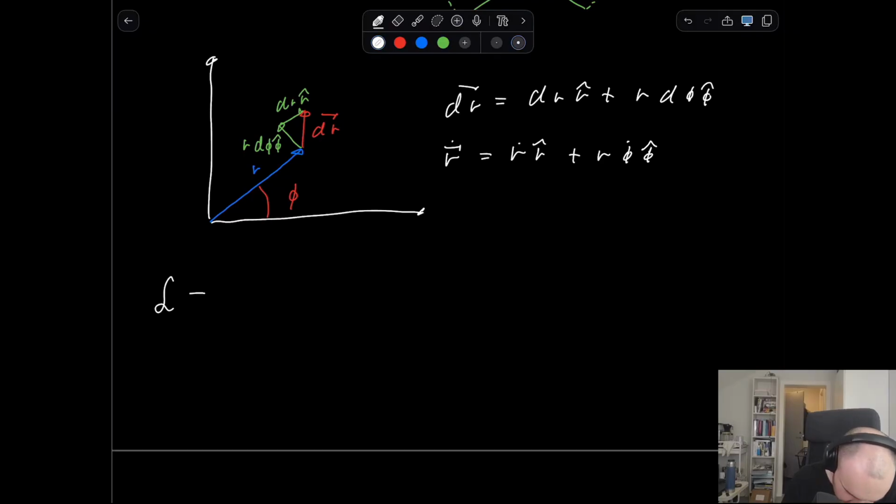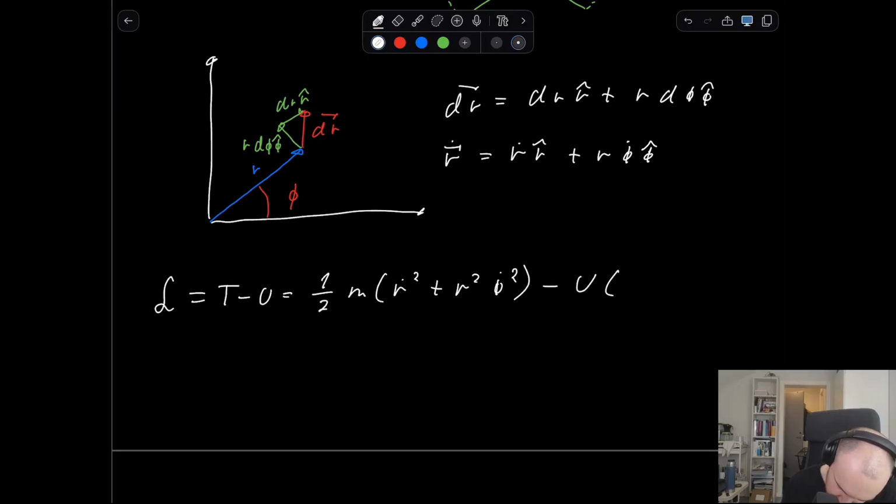So the Lagrangian in our case is T minus U. That will be 1/2 m times r dot squared plus r squared phi dot squared, minus the potential, and the potential is in terms of r and phi.